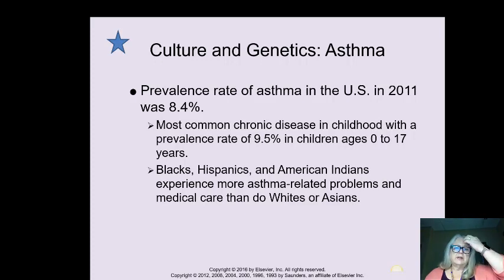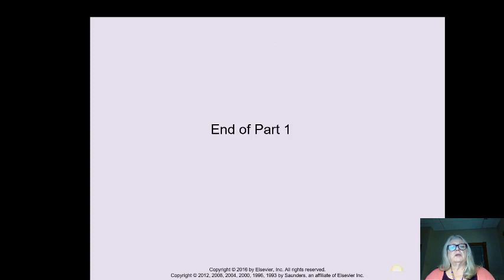Culture and genetics, so 8.4% is the prevalence rate of asthma in the U.S. in 2011, and some say that that's a pretty low number because a significant number of people go undiagnosed. And that's the end of part 1.